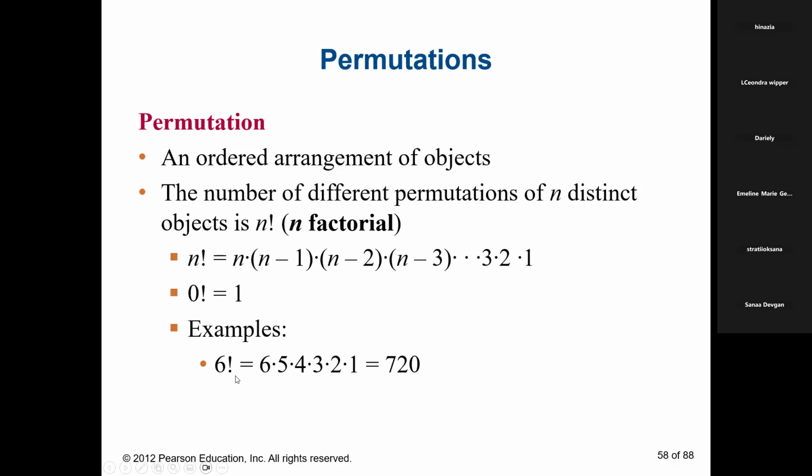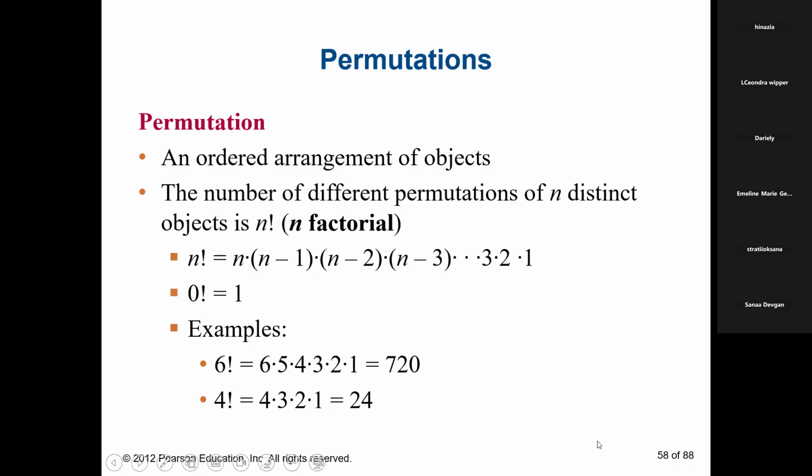I showed you this example before. 6 factorial is 6 times 5 times 4 times 3 times 2 times 1, that's 720. 4 factorial is 4 times 3 times 2 times 1, which is 24. Got it, Professor.